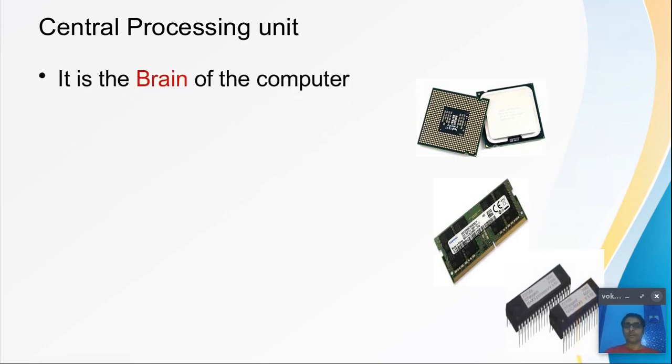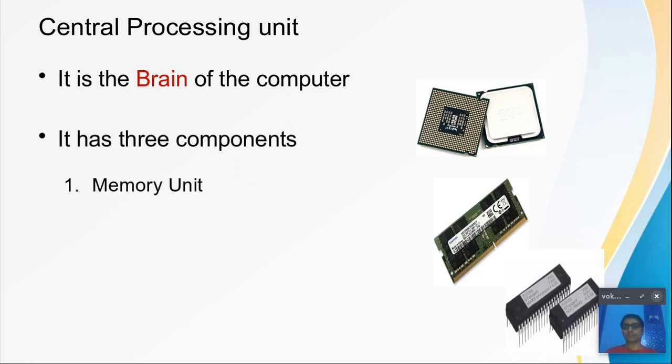Now comes the central processing unit. This unit is the most important unit in our system. Why? Because it is the brain of the computer and it has three components.